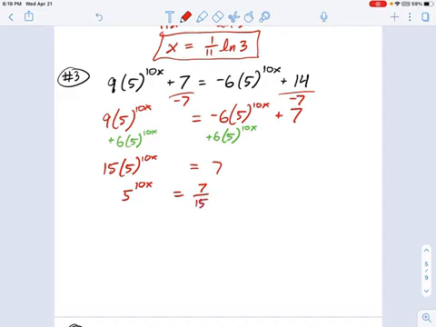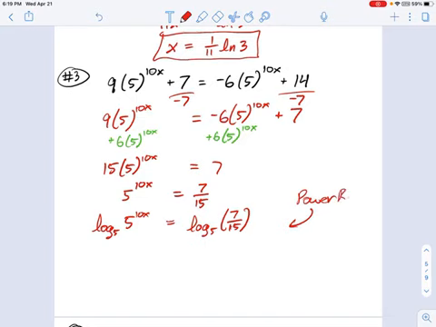And now I am ready to take the logarithm of both sides. So we apply a log base 5 because I'm using a 5 in my exponential. Log base 5 of 5 to the 10x equals log base 5 of 7 over 15. Okay, and now again the power rule right here. Power rule says I can take those exponents and turn them into coefficients.